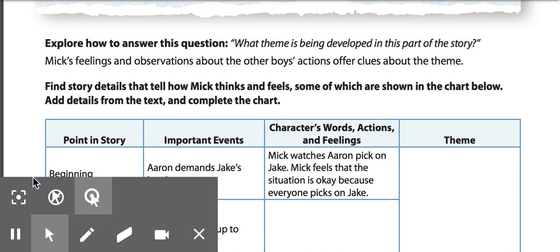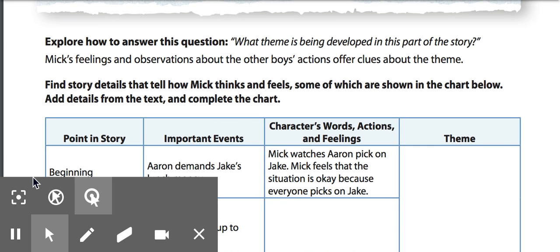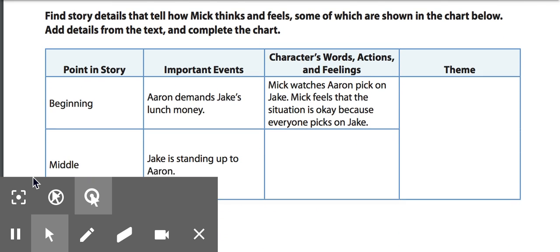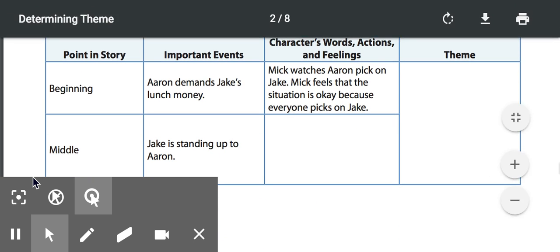All right, so what theme is being developed in this part of the story? Mikey's feelings and observations about the other boys' actions often give clues about the theme. So, point in story, the beginning of the story. We're thinking out loud, right?